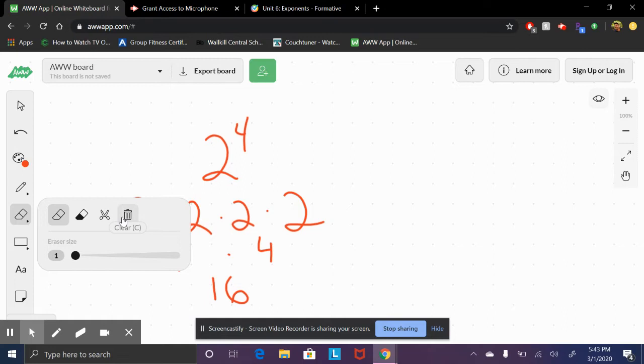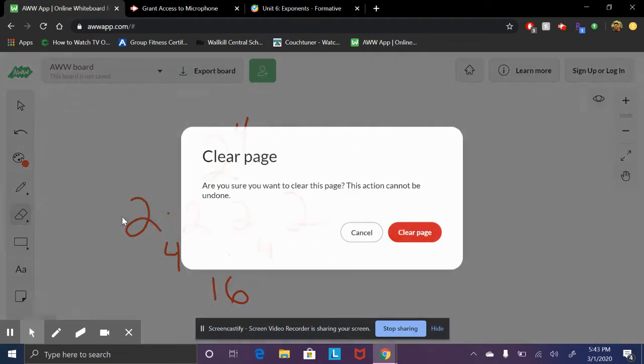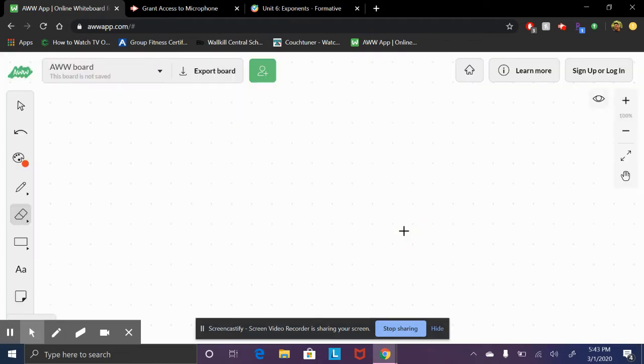Now, some numbers get a little weird when you throw in negatives. For example, let's do -2 to the third power. So -2 to the third power, when you have those parentheses in there, that means you're taking -2 and multiplying it by itself 3 times.